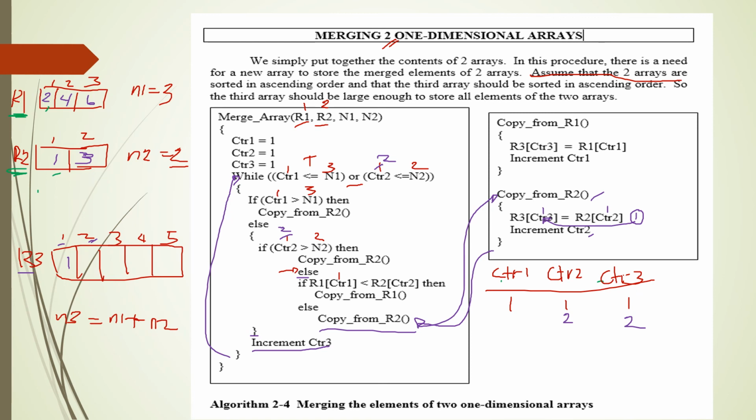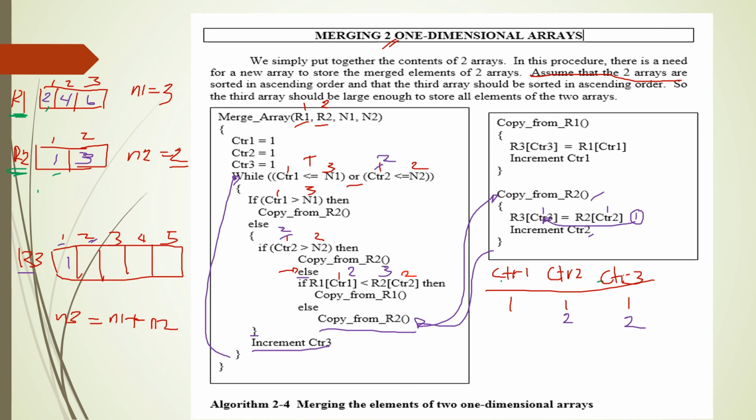So, counter 2 ang napalitan. Counter 2 is 2. Now, R1 sub 1, we refer to, okay, R1 sub 1 is 2. R2 sub 2 is 3. Okay. Is 2 less than 3?